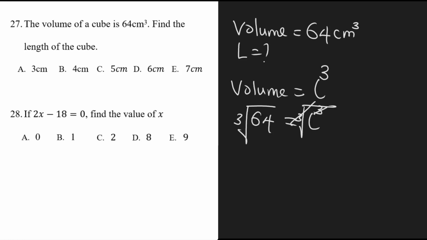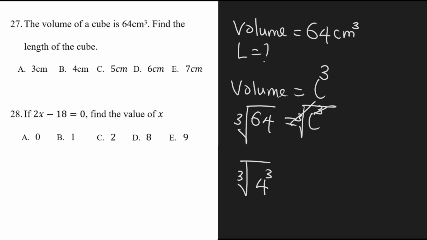What is that number that we're going to multiply 3 times to give us 64? It is 4, because 4 times 4 times 4 is 64. So 64 is the number that when you multiply 3 times, we're going to get 64. So we're going to say the cube root of 4 raised to power 3, right?